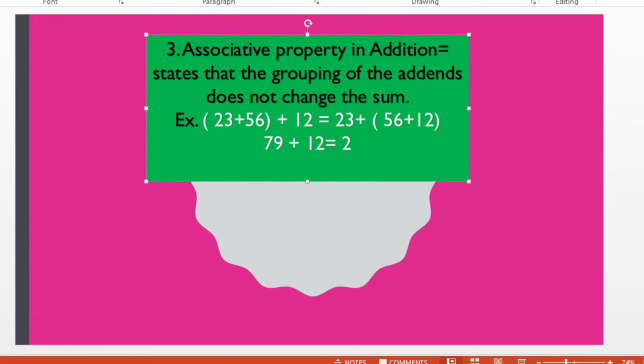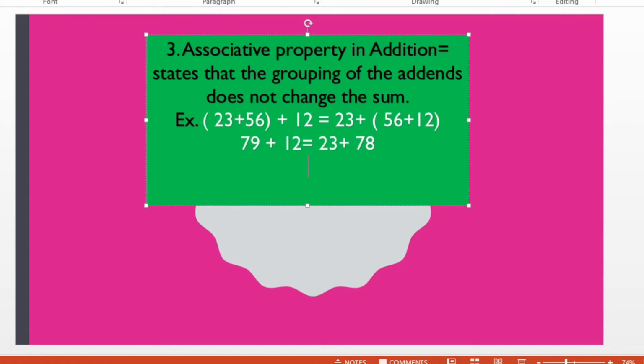Equals 23, bring down, plus 56 plus 12, the answer is 68. Now, we are going to add 79 plus 12, the answer is 91. Then, 23 plus 68, the answer is 91. So, kung mapapansin po natin, yung answer niya ay hindi nagbabago kahit i-group po natin siya.